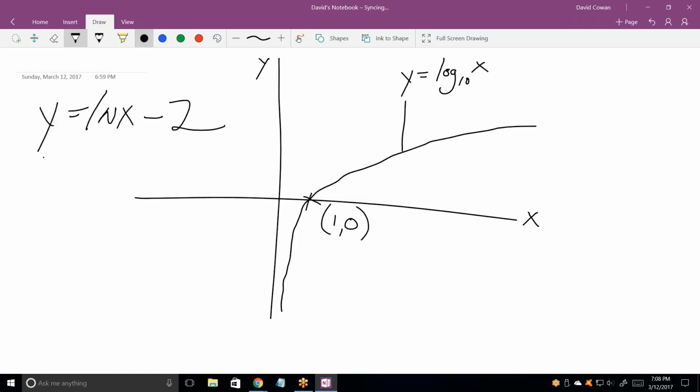Or if I said y equals natural log of x plus 3, that's a horizontal shift. So these things can be anywhere relative to the x and y axis, but they all have this general shape.